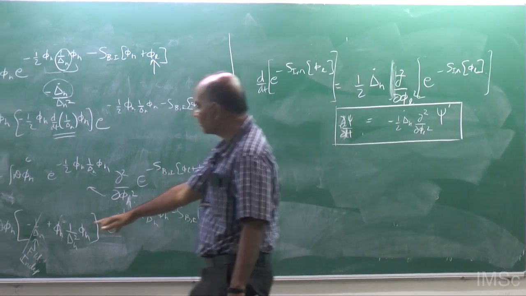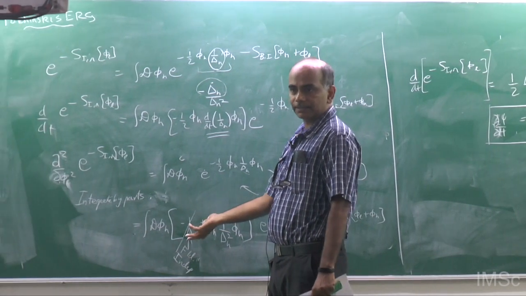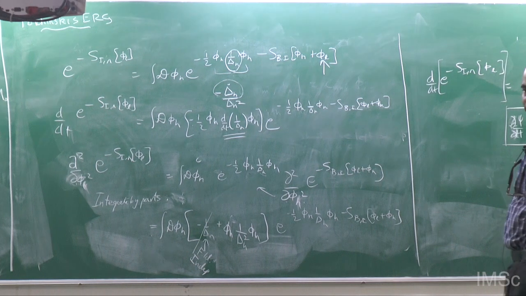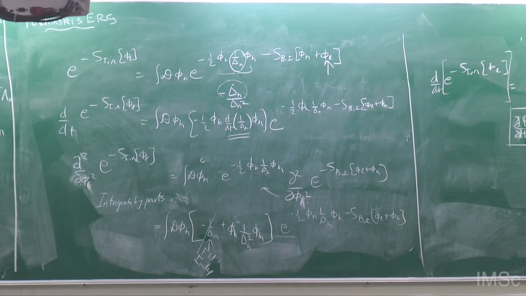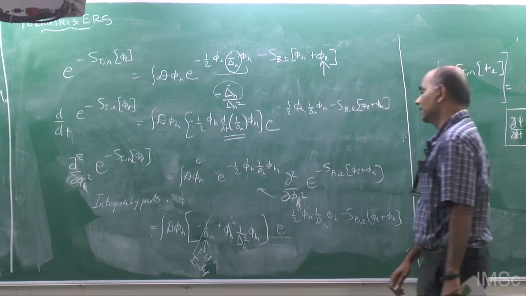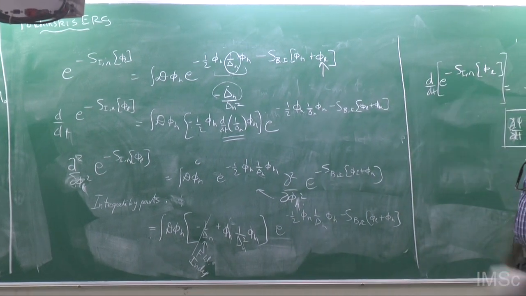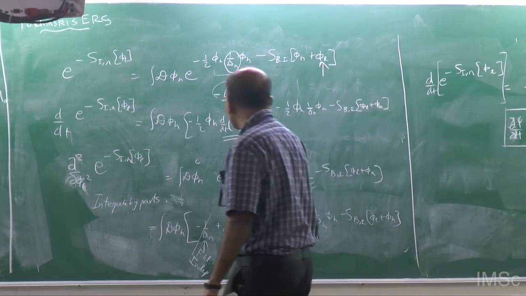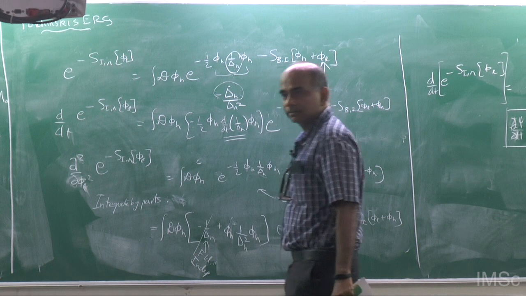This one, yeah, this one, because it has no fields in it. It's just a field independent object. It just multiplies the whole thing, some constant. It'll just give you a number, right? It's d phi h of this whole thing. It'll give you something proportional to the wave function, but it's some constant, some number times that.